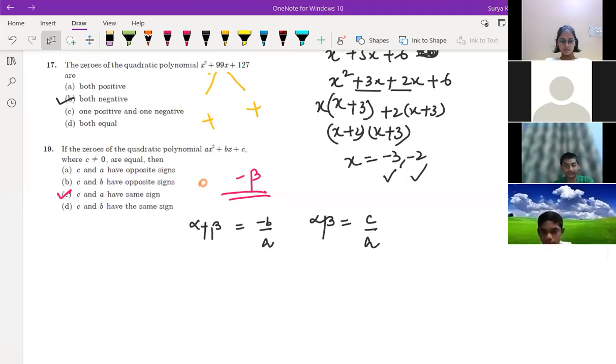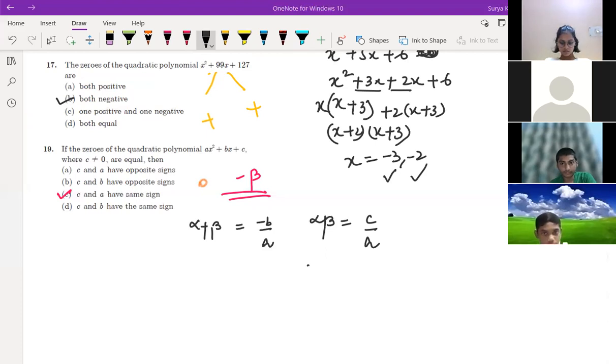Alpha beta is C by A, C is not equal to 0, and here C is positive. C and A have opposite signs. C and B have opposite signs. How have they done it, Rasul? Sir, it's saying since alpha equal to beta, alpha and beta must be of the same sign.